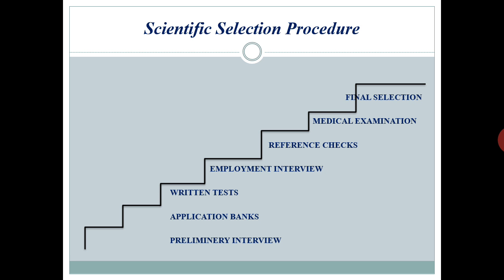But when it comes to selection, what is done? Selection is a process of picking individuals out of the pool of job applicants with requisite qualifications and competence to fill jobs in the organization. You find many applications, but is that candidate eligible for the job?